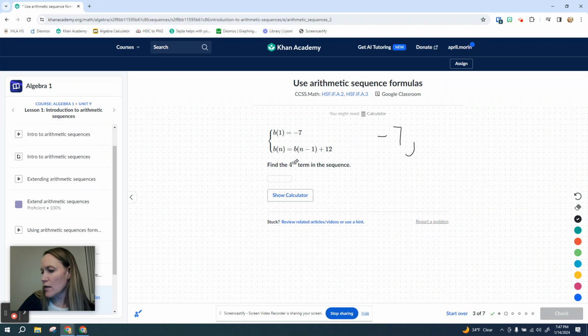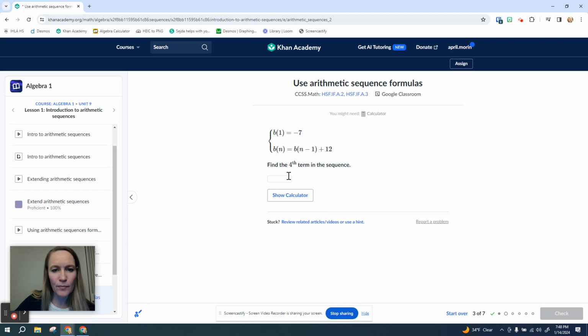So -7 plus 12 is going to be 5, right? And then plus 12 again is 17. And then plus 12 again is going to be 7, 8, 9. So 29. So 29 should be my answer.